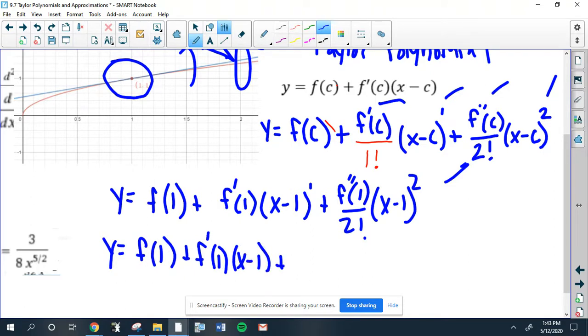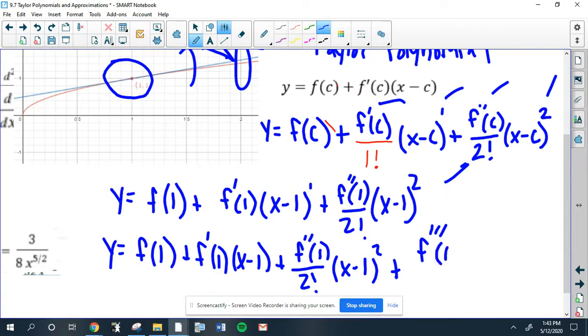Then we added this next term, second derivative over 2 factorial times x minus 1 squared. Now the third term, you just follow the pattern. The third derivative at 1 over 3 factorial times x minus 1 cubed.